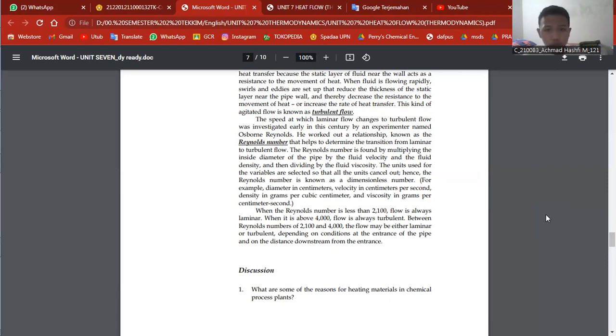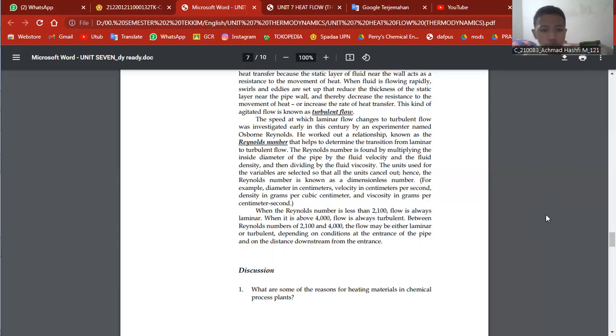The Reynolds number is found by multiplying the inside diameter of the pipe by the fluid velocity and the fluid density, and then dividing by the fluid viscosity. The units used for the variables are selected so that all the units cancel out.